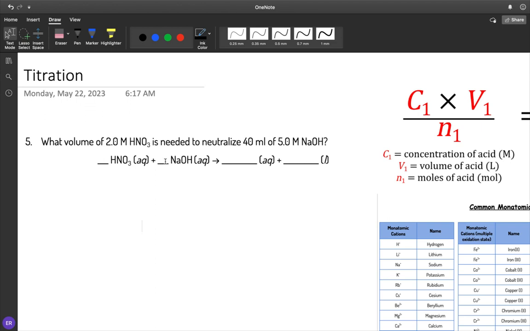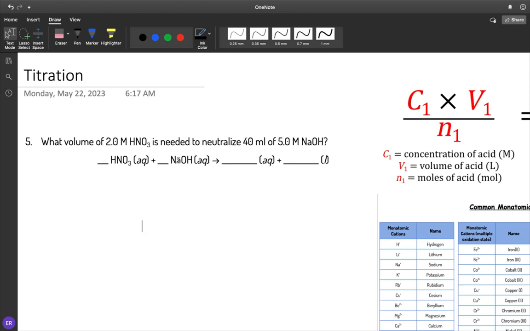It's not combustion, because we don't have O2 combining with a compound that has C's and H's. And so it's either going to be single or double replacement. This compound doesn't have an element that's by itself, and this compound does not have an element by itself. So the only other thing that it can be is double replacement.